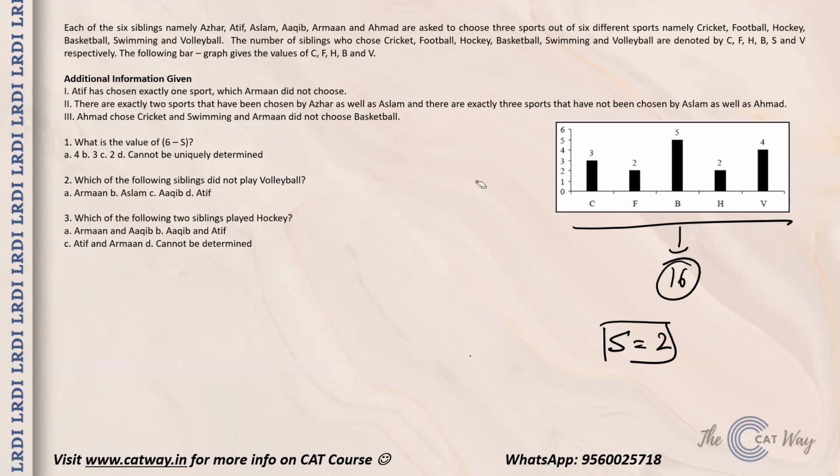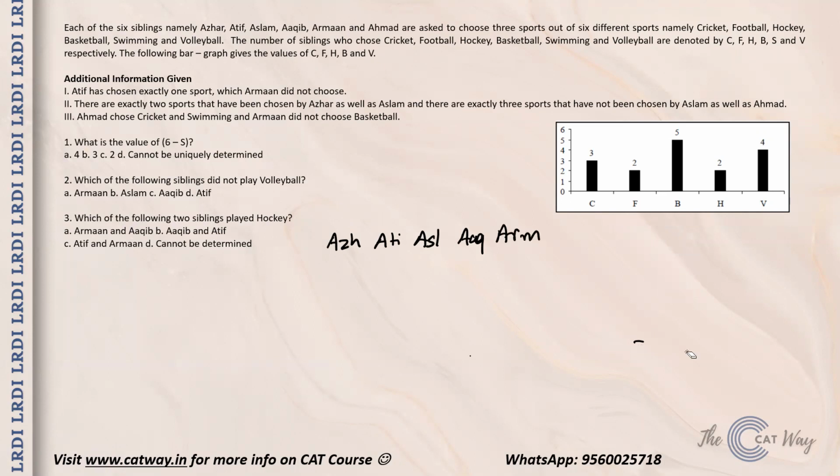Okay, so now let us make a table to determine which person chose which sport. Okay, so first of all, we have six people. We have Azhar, we have Atif, we have Aslam, we have Akib, we have Arman, and we have Ahmed.